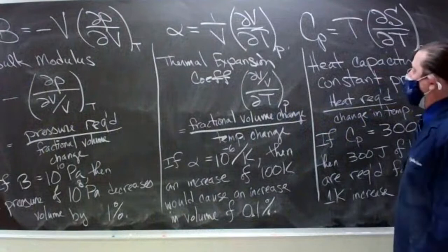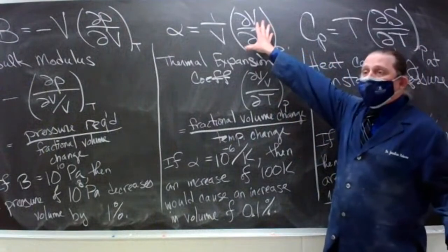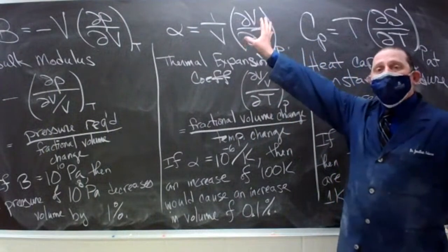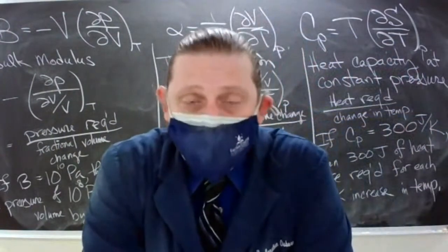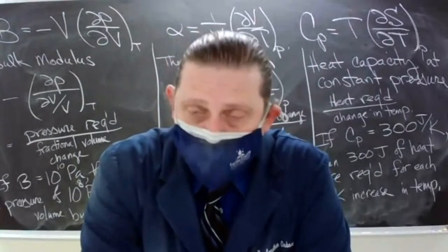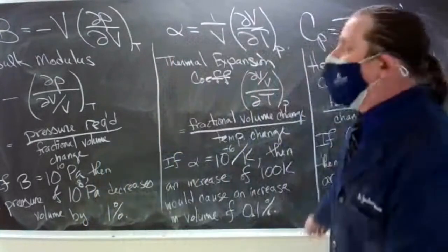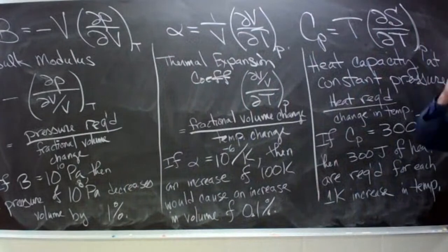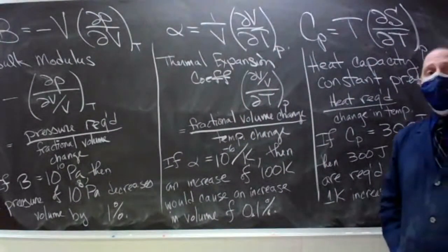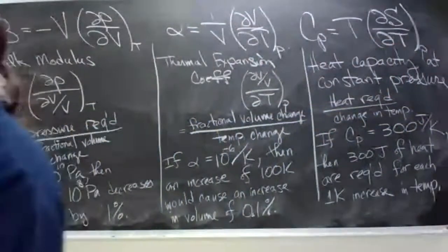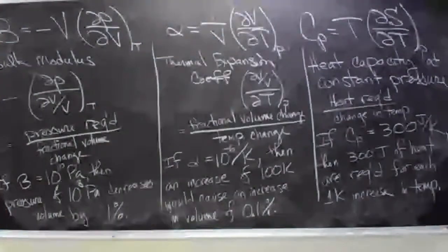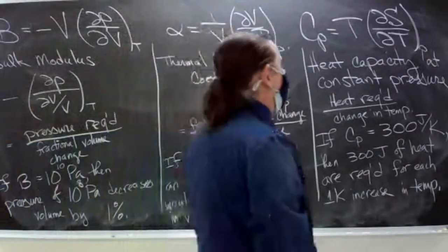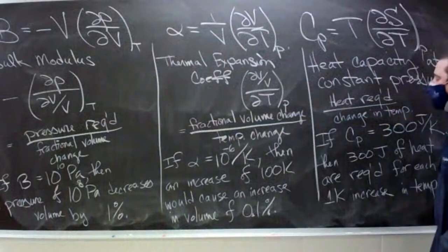All right, so here I would increase the temperature of my substance, measure its change in volume while just leaving it open to the atmosphere so that the pressure is constant. Here, I would add heat to the substance, measure how much its temperature increases while keeping it open to the atmosphere. Okay? So these quantities are relatively easy to measure in the laboratory.